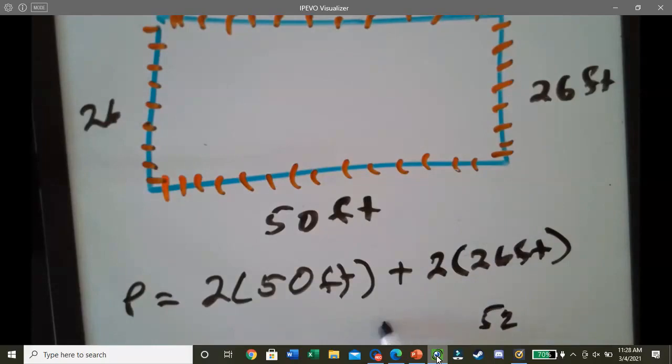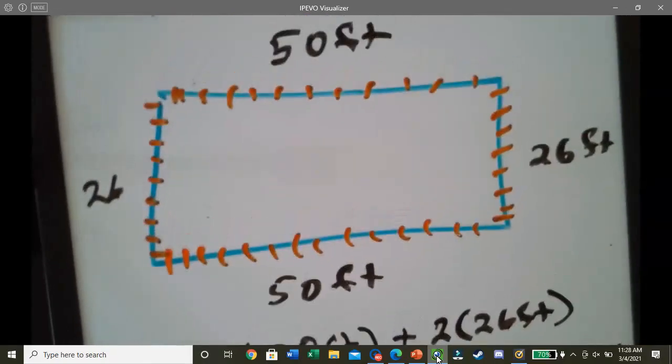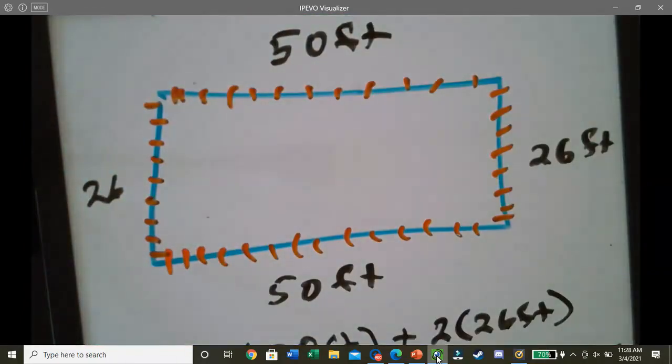So we're looking at 100 plus 52 is 152 feet for our perimeter. If you were to take this fence, open it, lay it out flat and measure it, you would measure 152 feet.